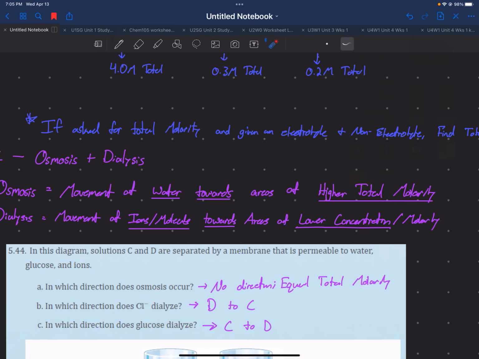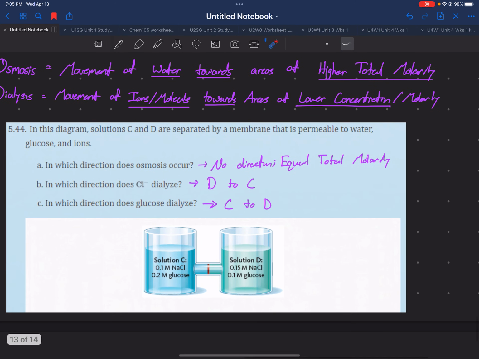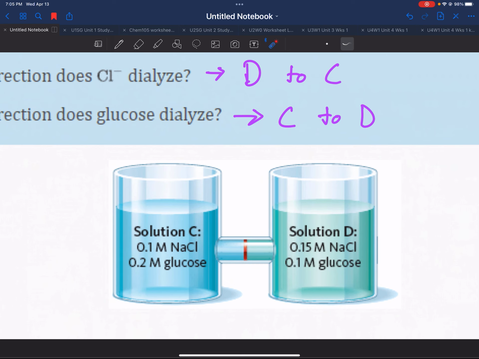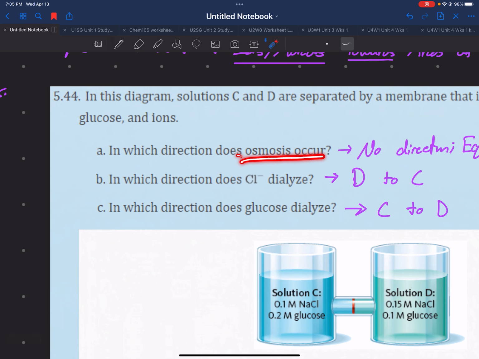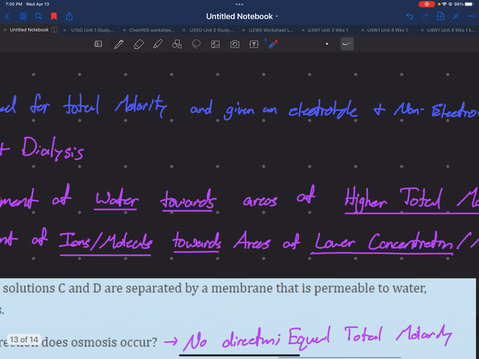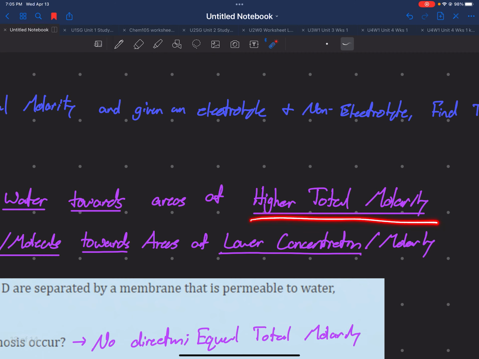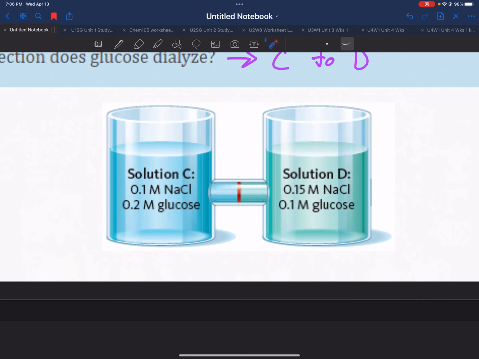So now let's look at the example. Here we have solution C and D. Solution C has this, solution D has this, and this. First question, which direction does osmosis occur? Well, we said that it was referring to the one with higher total molarity. So let's find the higher total molarity. In solution C, NaCl is 0.1, so that would be 0.2 plus 0.2, total 0.4.